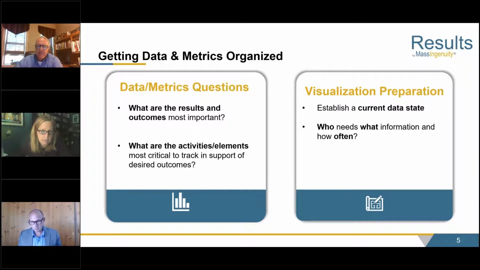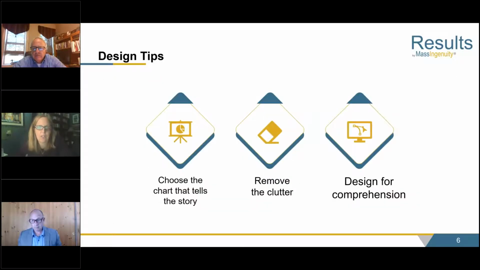How often is the data collected? Who needs what information and how often? So you can see doing proper data visualization starts with some good preparation. So once we have some of those answers dialed in, we can go to the fun stuff. And that's all about the design of our visualization.